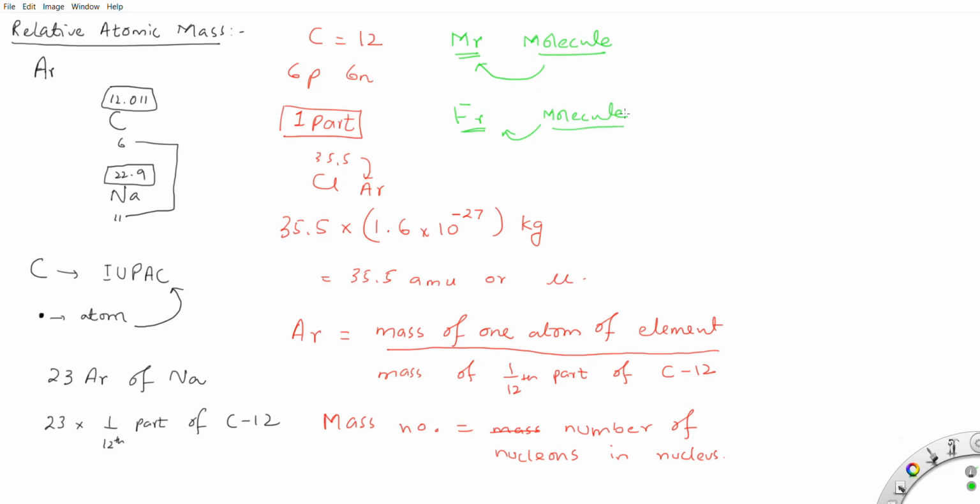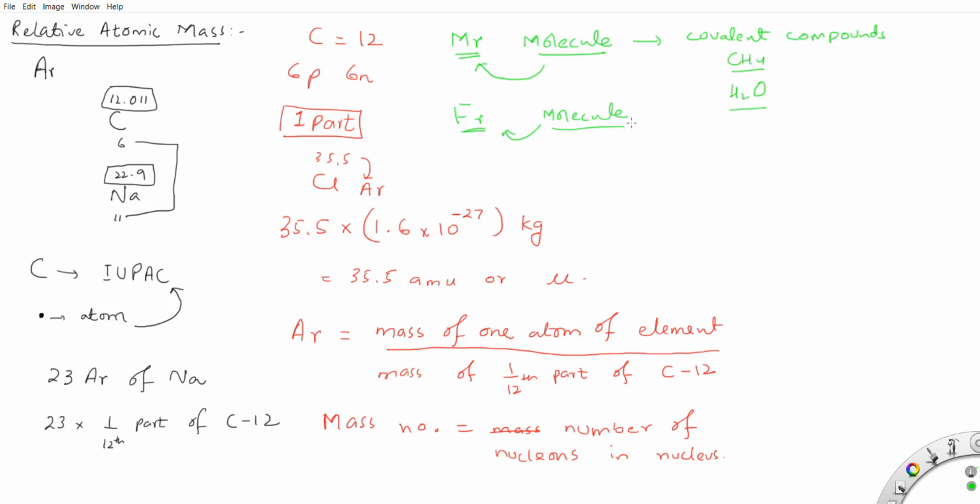But for those students who know that a molecule is basically the building block of a covalent compound, we use Mr for covalent compounds such as CH4, H2O. These are basically covalent compounds. So the masses of these compounds would be molecular masses.